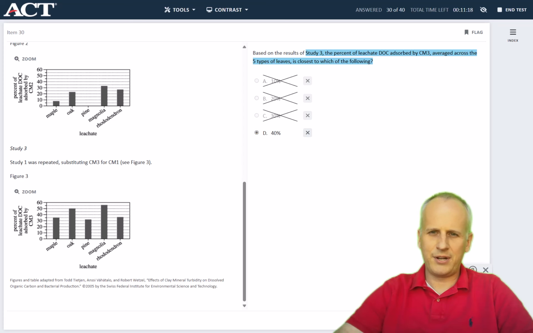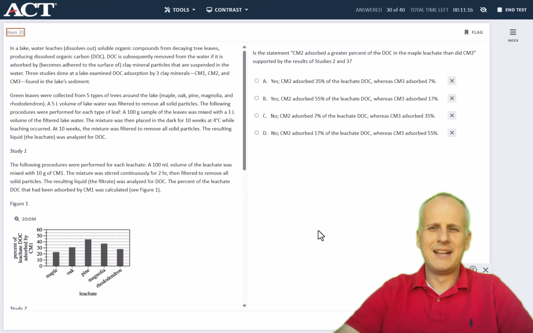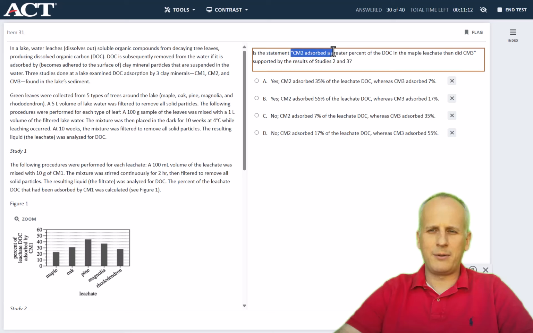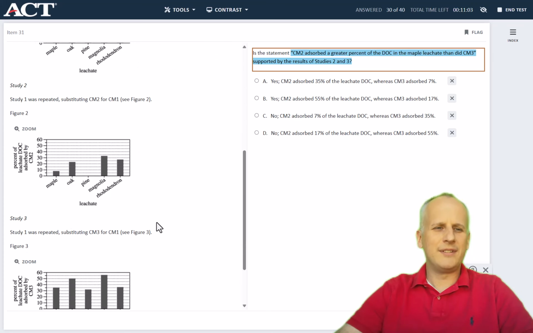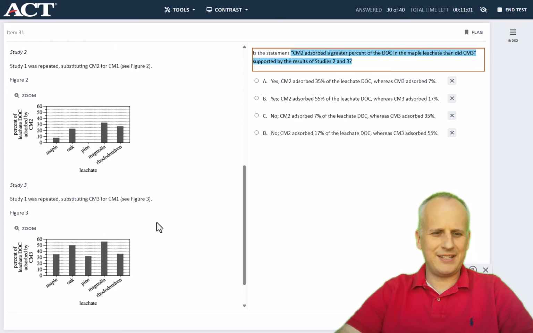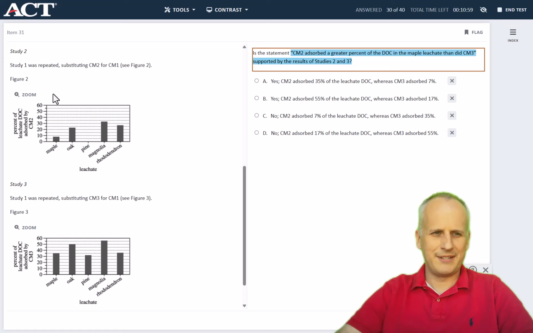As we move on to the next question, we've got, is the statement CM2 absorbed a greater percent of the DOC in the maple leachate than did CM3, supported by the results of studies 2 and 3? Well, one of the silly things you've got to do on this exam potentially is just frame things properly. So I'm going to make sure I can see everything of study 2 and study 3 in one frame so that I'm not scrolling up and down needlessly.